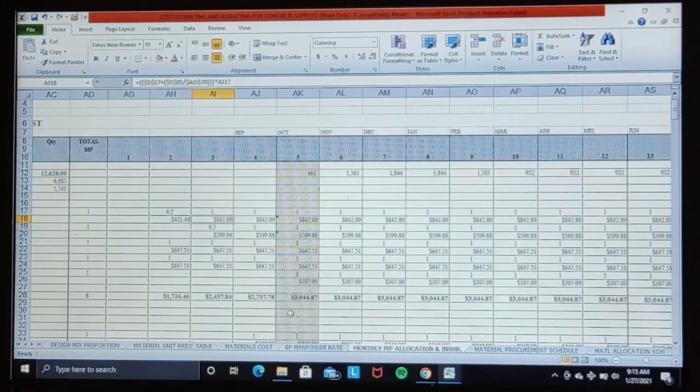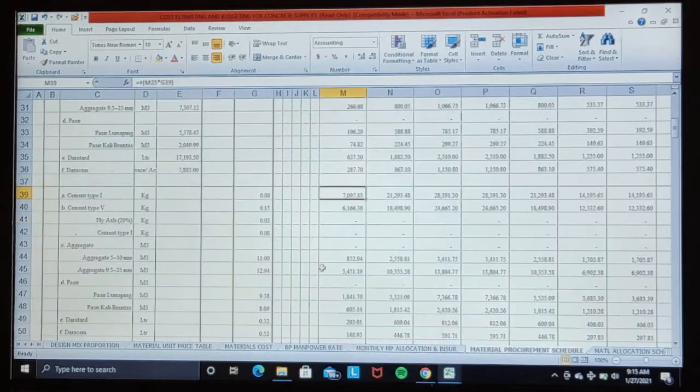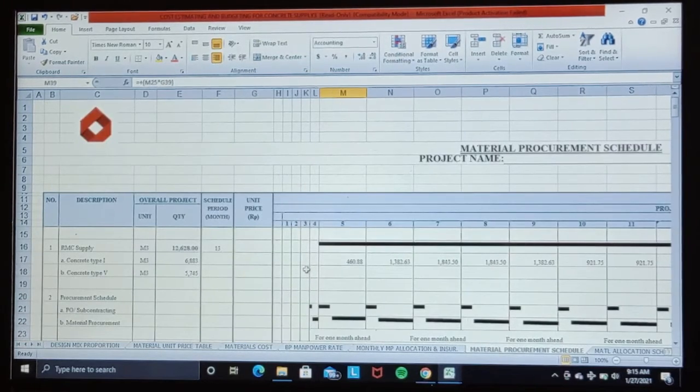Next, we create the material procurement schedule here, referring to the concrete requirement schedule per month. Yes, this is the monthly concrete requirement schedule.